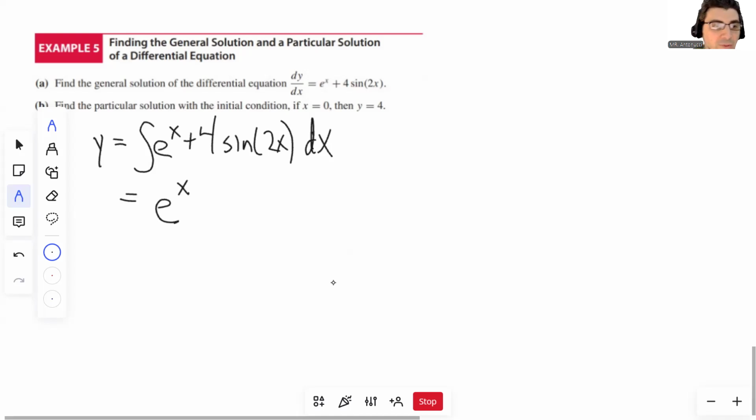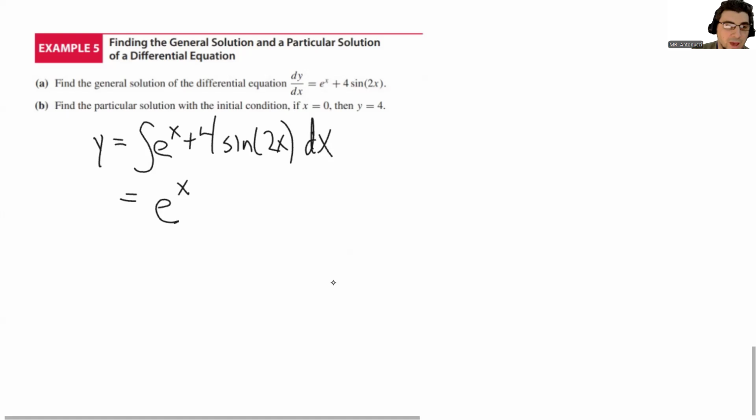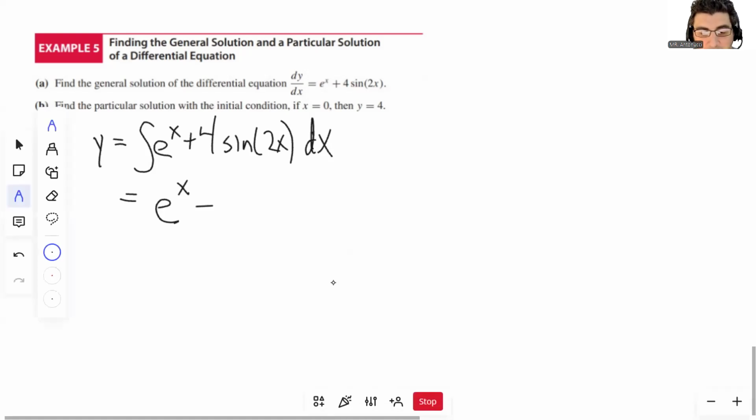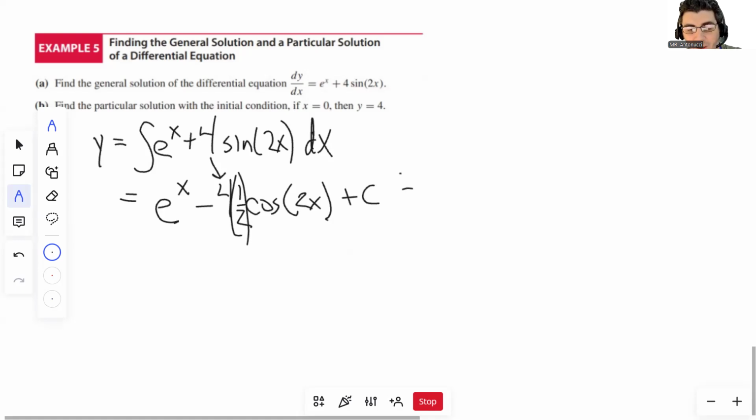The antiderivative of sine of 2x is negative cosine 2x, and to reverse the chain rule, you'd have to have a factor of 1/2 here, and the factor of 4 multiplied. So we have our plus c.